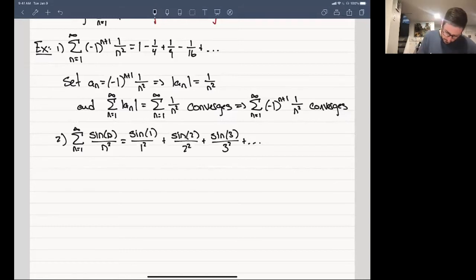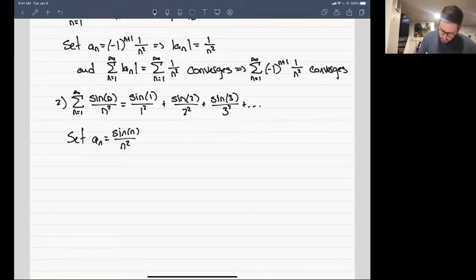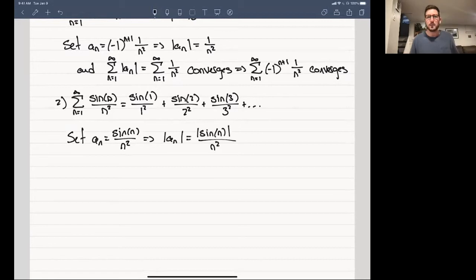Now, if we set a_n equal to sine of n over n squared, then the absolute value of a_n is equal to the absolute value of sine of n over n squared. Remember, sine oscillates between -1 and 1. And dividing that by n squared, well, that's still a positive number.